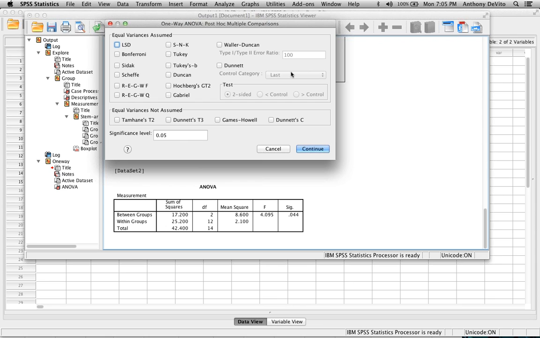Well, why are all these strange methods here? Because we have to avoid that problem that we had before with the t-test, which is if we repeatedly do the same test over and over again, we're increasing our probability of being wrong. So these tests are basically mechanisms for adjusting for that.